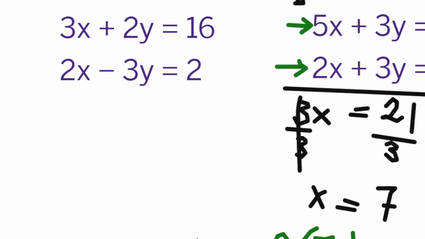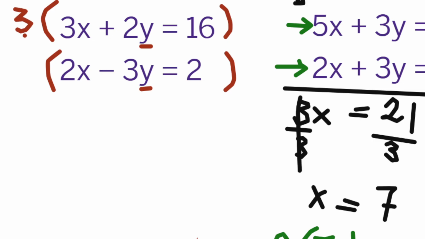It's up to you. Now I'll make the y's equal. So how do I make these y's equal? I'll multiply the first one by 3, because 3 times 2 makes 6y. And I will multiply this by 2, because 2 times 3 will also make 6y. Then I'll have the same value of y in both equations.